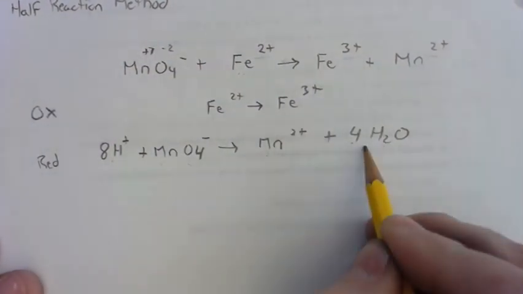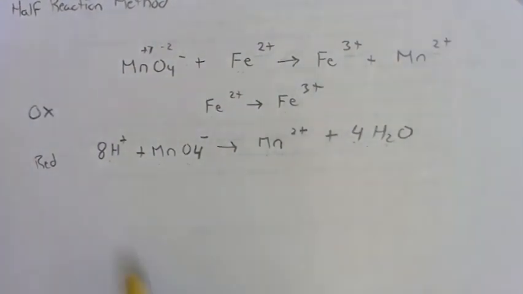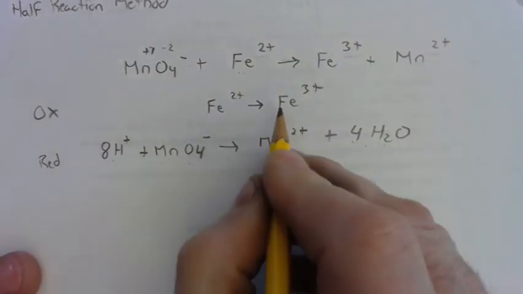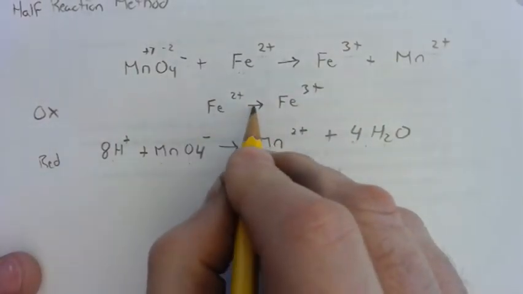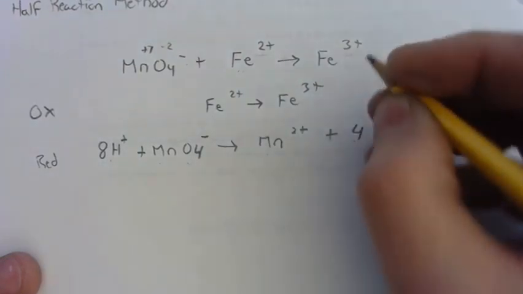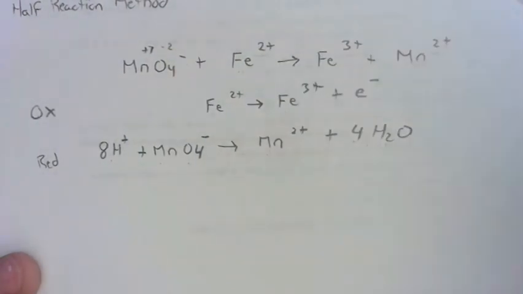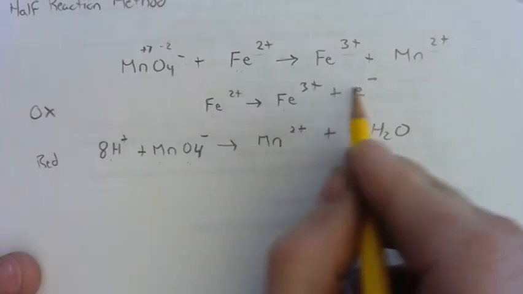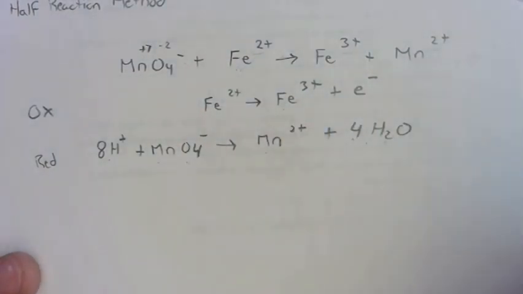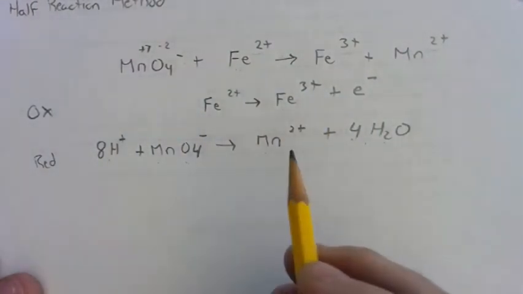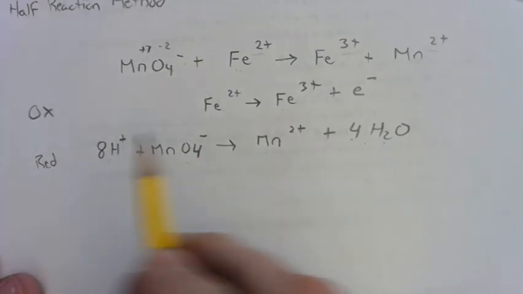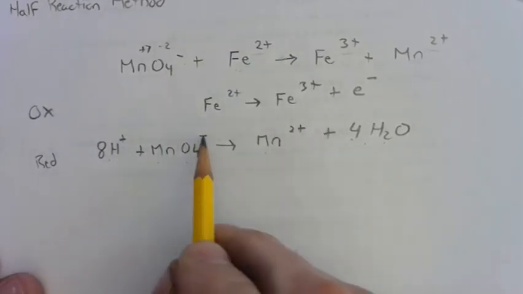8 hydrogens, 8 hydrogens. And now we use, finally, the electrons in order to balance out the total charges. So over here, we have Fe2+ equal to Fe3+ plus 1 electron. So this side has +2, that has +2. On this side, we have +8 minus 1 is +7.